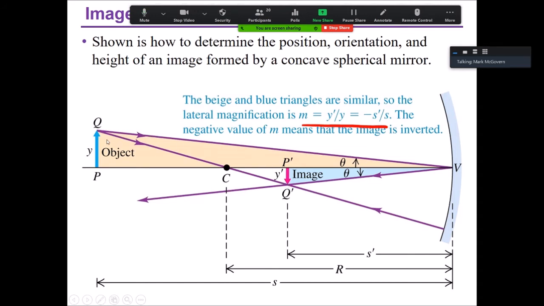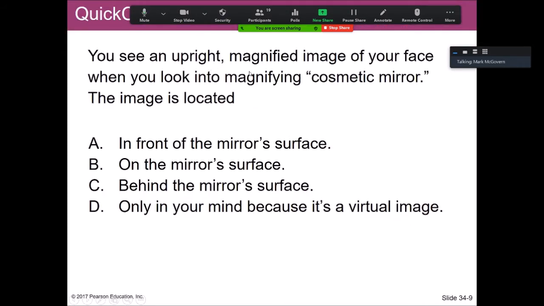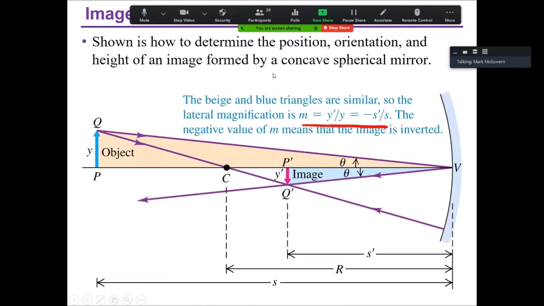That's normal. Okay, so if you have the spherical mirror here, and normally your image is inverted, but if you can see you have an upright magnified image of your face, then according to this, that S prime is negative. Okay, see what I'm saying here?